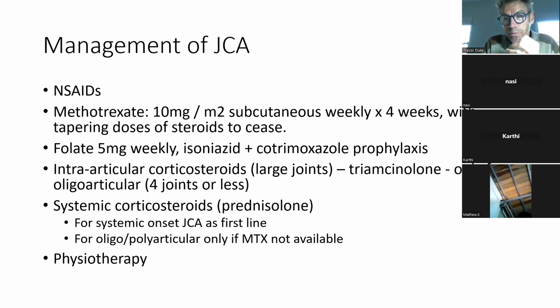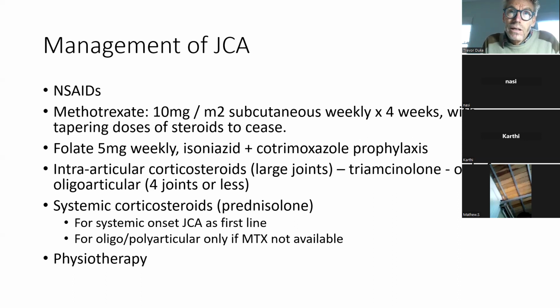There's several tiers of management of JCA, and I want to go back a bit to that first case I mentioned, the 4-year-old girl who was chronically steroid dependent, and talk about an alternative, because I think mostly these days we have children on non-steroidal anti-inflammatory drugs like ibuprofen or indomethacin or aspirin, and we then add steroids.